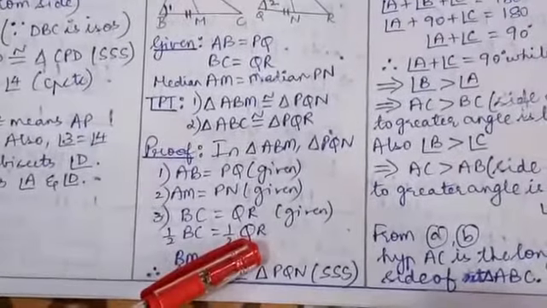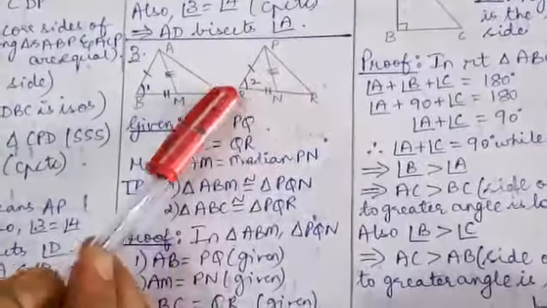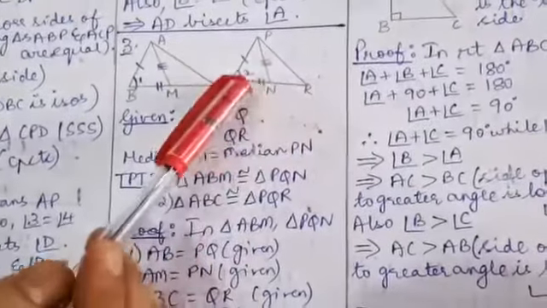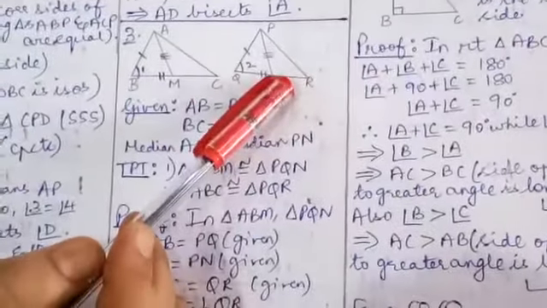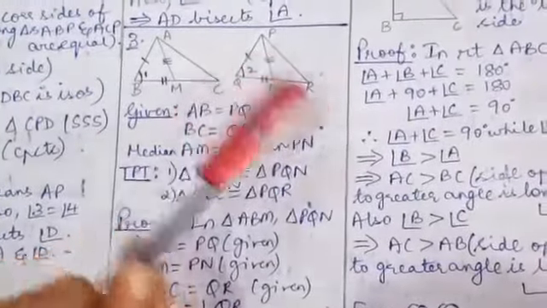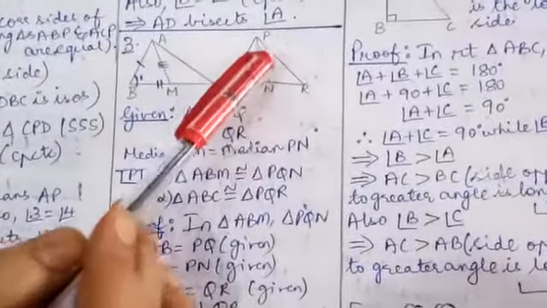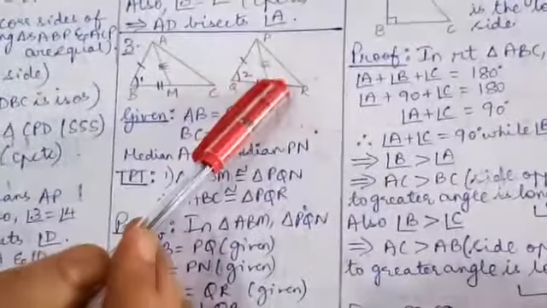And what about half of QR? Again, because PN is the median, N is the midpoint of QR, which means QN is equal to RN. Half of QR is QN or RN, but we'll use QN because over here we have taken up the triangle PQN.